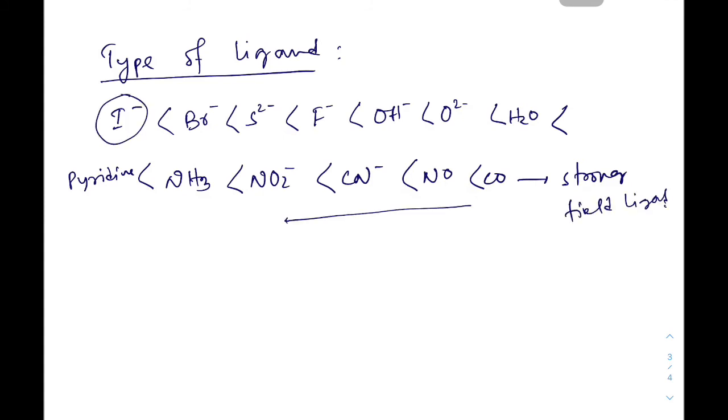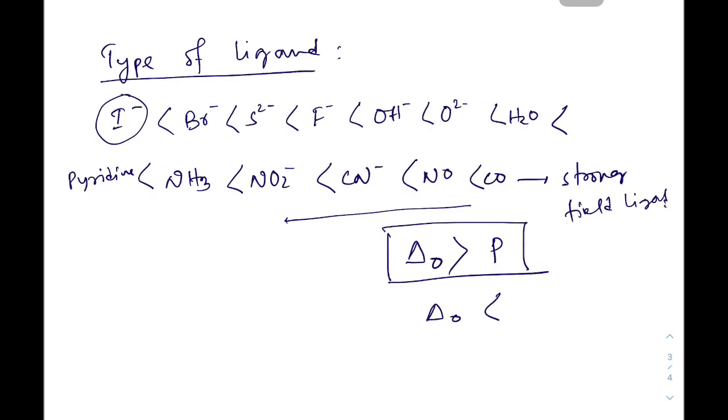And I minus is generally the weakest field ligand. So the stronger the field, the more the splitting, and it will follow this condition. Del zero will be higher than pairing energy. P denotes the pairing energy. The weaker the field of the ligand, the less the splitting and it will follow this condition where del zero is less than pairing energy. Depending on these two conditions, there will be two types of diagram.